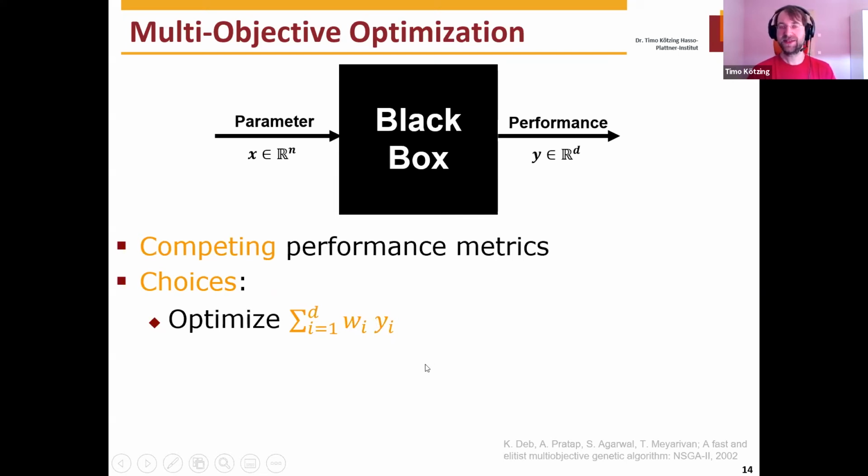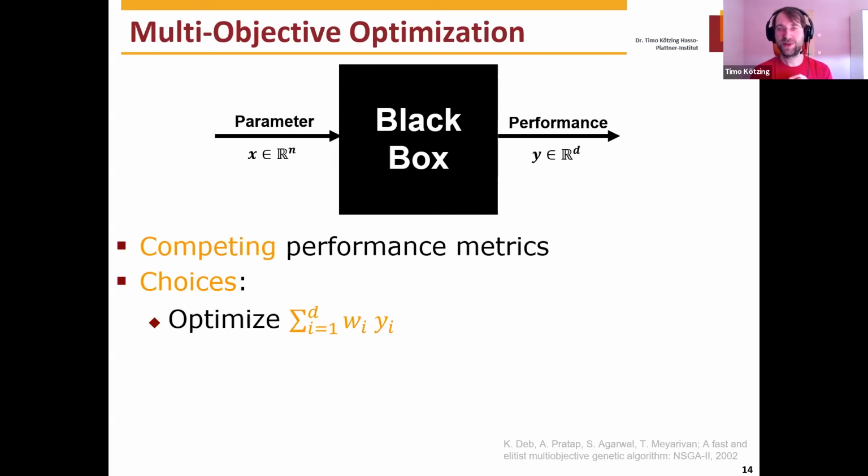So I pick the weights, they kind of normalize everything and they say, this is so important, this is so important, and this is rather unimportant, but if I can improve there, then I take that too. Now this is just one single objective, the sum. So I brought this entire vector down to a single scalar, so it's a scalarization. I don't need to do it with a sum, I can do it any way I want. I have some kind of function that takes the arguments and gives me just one scalar in the end.